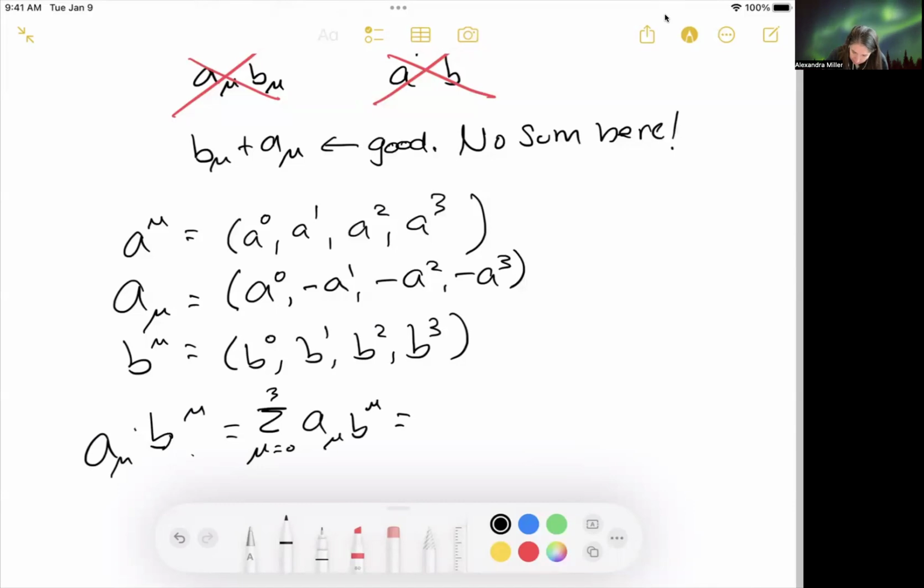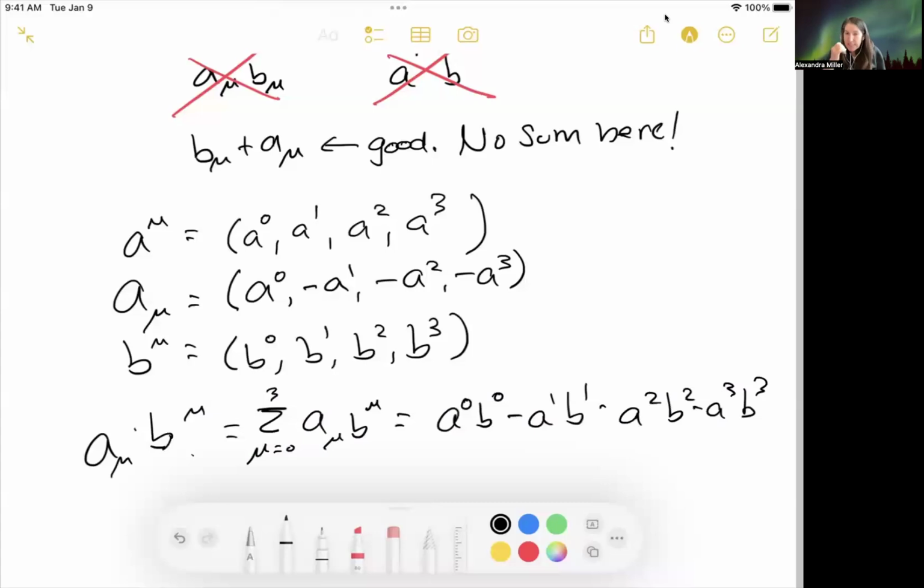And this is A0 B0 minus A1 B1 minus A2 B2 minus A3 B3. And we see that this is our dot product of four vectors.